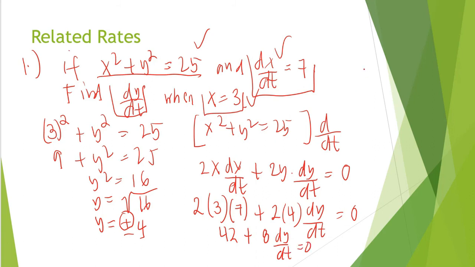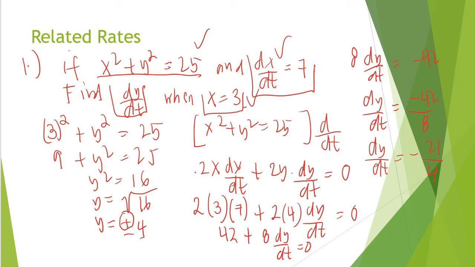And then 42 to the other side becomes negative 42. And then we divide both sides by 8. And then we can simplify this as negative 21 over 4. This is when y is equals to positive 4.